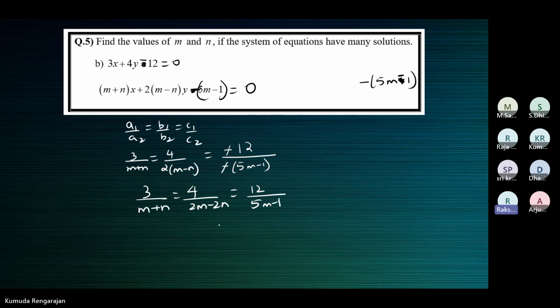Ma'am, I'm getting n as 1 and m as 5. 5 and 1, is it? Yes, ma'am. Okay, you can use those values and check. Ma'am, but I got, Sashank? Ma'am, I got n is equal to 1 by 3 and m is equal to 5 by 3. 1 by 3 and 5 by 3.